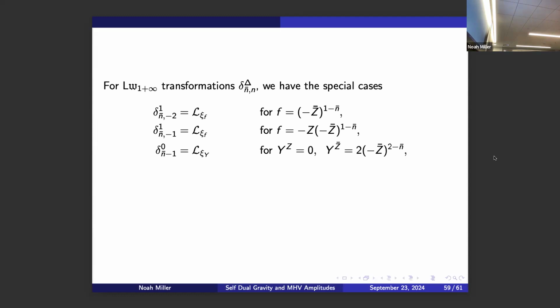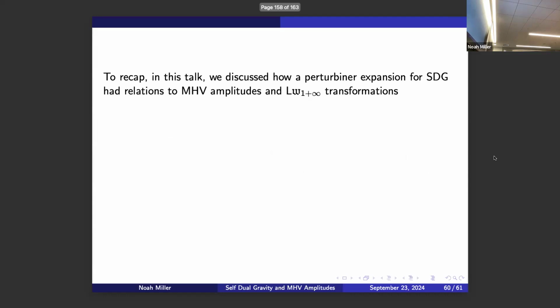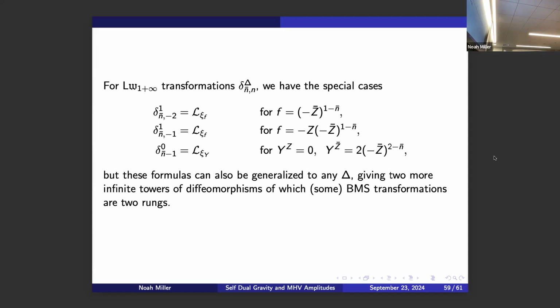And then for another certain rung, you reproduce all of the anti-holomorphic superrotations. And just to say that that story resides within this story as a subcase. But there's actually a lot more diffeomorphisms involved for any delta. It's more like two infinite squares of towers of diffeomorphisms which is contained in the story. So yeah, this is all part of a paper which isn't released yet, but will be in the future.